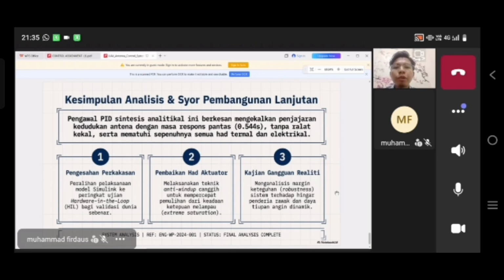After that, maybe we can integrate an explicit anti-windup clamping or back calculation mechanism with the PID algorithm to maintain loop stability if extreme external wind gusts drive the control voltage beyond the boundaries. Last one, to consider alternative advanced control architectures such as fuzzy logic, linear quadratic regulator, or state space control for future multi-axis performance optimization and power minimization. I think this is all from us.